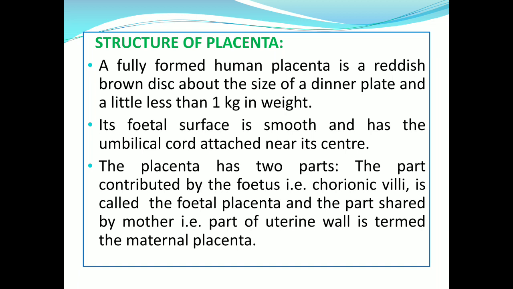The placenta has two parts. What are these two parts? Fetal placenta and maternal placenta. So let us see what are the differences between these two parts of placenta. The part contributed by the fetus is called fetal placenta and the part shared by the mother is called maternal placenta.